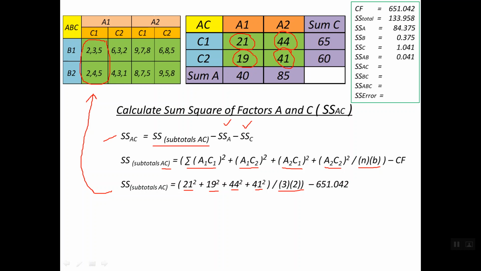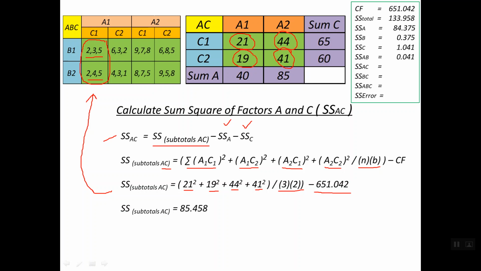So the total for A1C1 is simply 21. And for the number of observations, we have here 3, and here we have another 3. So the total number of observations is equal to 6. We proceed. This is the correction factor. So this is the value of the SS for the subtotal between A and C.